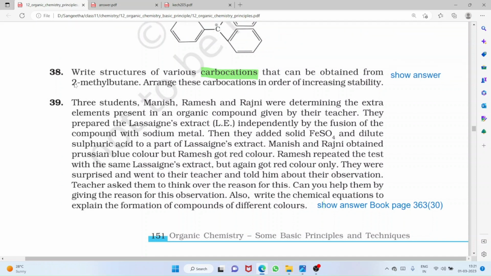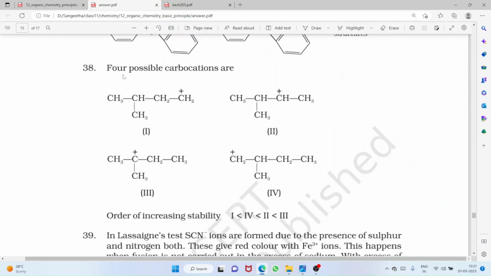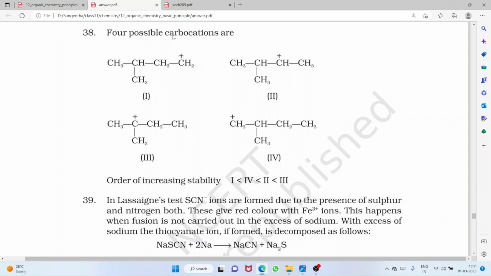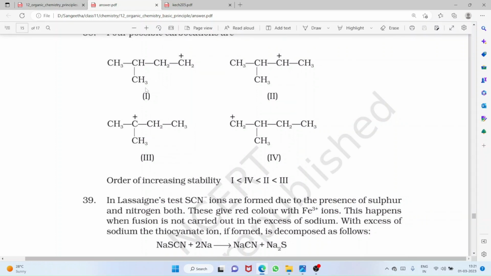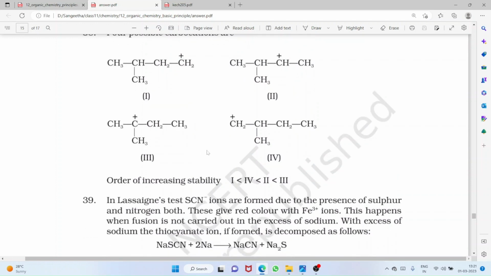Write the structures of the various carbocations that can be obtained from 2-methyl butene. Arrange the carbocations in the order of increasing stability. These are the 4 possible carbocation structures.